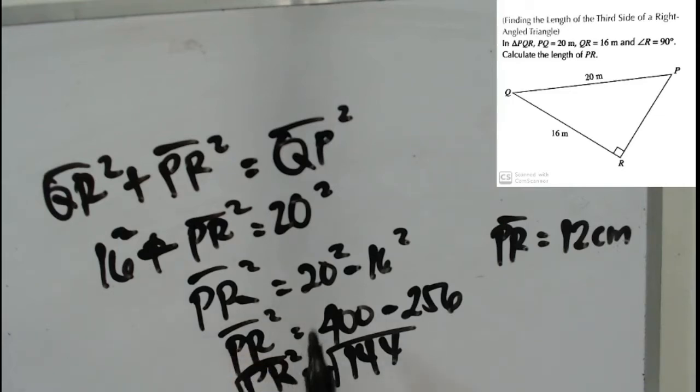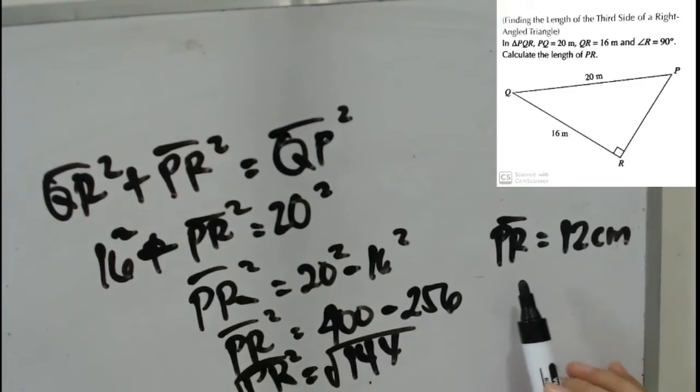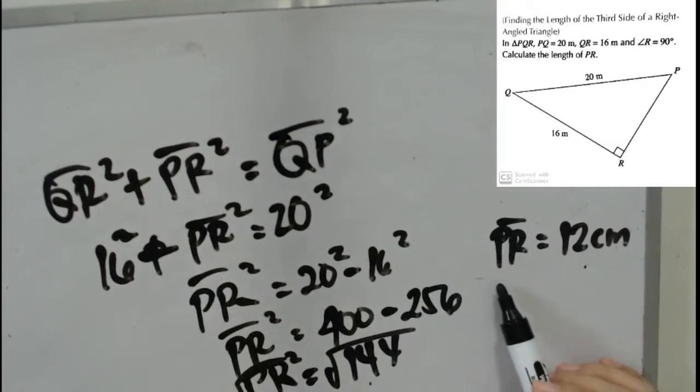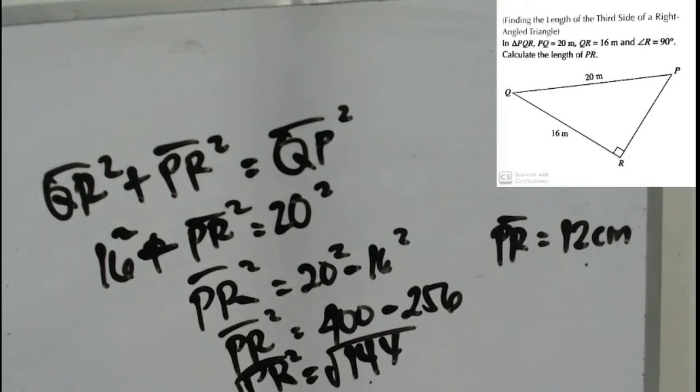PR squared is equal to 20 squared, which is 400, minus 16 squared, which is 256. 400 minus 256 will give us 144 as PR squared. We need to eliminate the square here, so we get the square root of both sides. We are now having the square root of 144 as 12 cm. So we can now conclude that PR is equal to 12 cm.